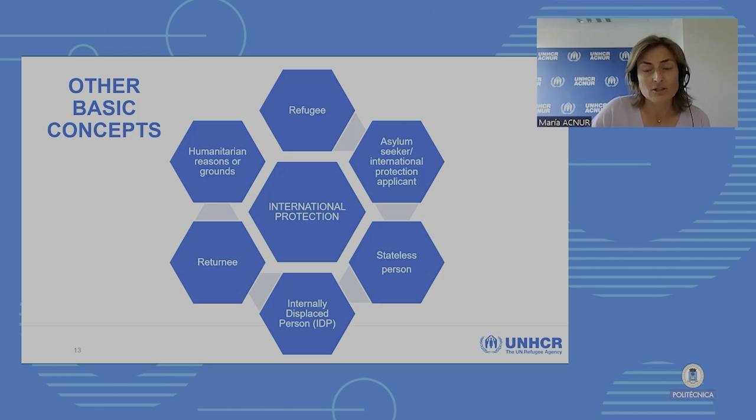When we talk about internally displaced persons, we talk about a person that remains within the borders of his or her country, but had to flee because of persecution, or because of conflict, or because of different circumstances, including, for instance, climate phenomena. So these persons are not covered by the Geneva Convention. They are not considered refugees because they have not crossed an international border.